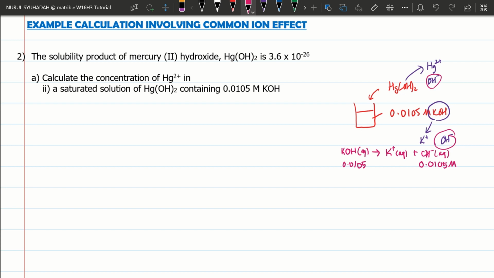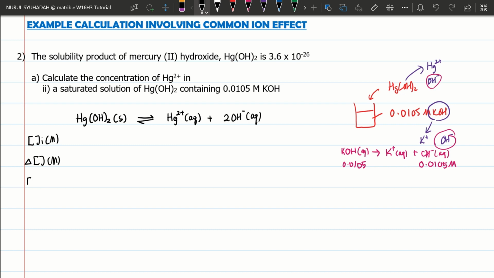Okay, jadi inside our ice table, equation like always, HgOH2 solid in equilibrium with the ions Hg2 plus aqueous, plus 2OH minus. Concentration initial, change in concentration, find equilibrium.